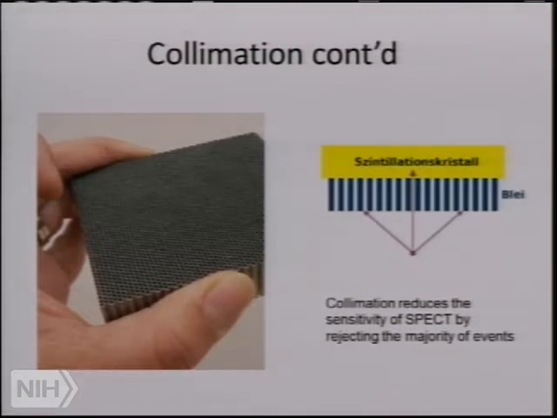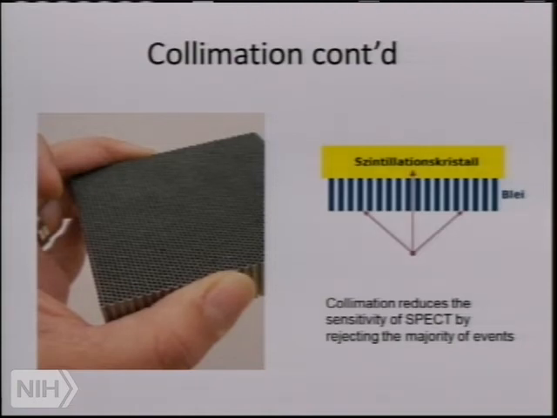Number one, I told you, and you've seen it already, that the resolution of SPECT imaging is not too good. And the resolution is determined by the collimation. The tighter you collimate it, the more resolution you get, but the fewer events you can capture. And so there's a trade-off. You can't give an infinite amount of radioactivity to somebody.